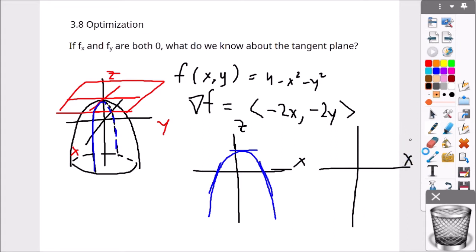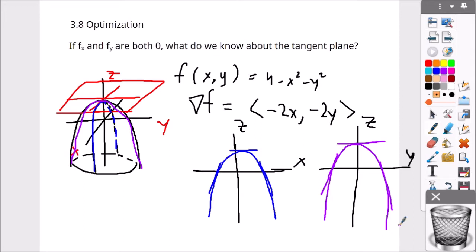This same thing is happening in the y direction. If I use purple in this case, and we have this trace right here, you can see that the tangent lines are also going from positive to negative.